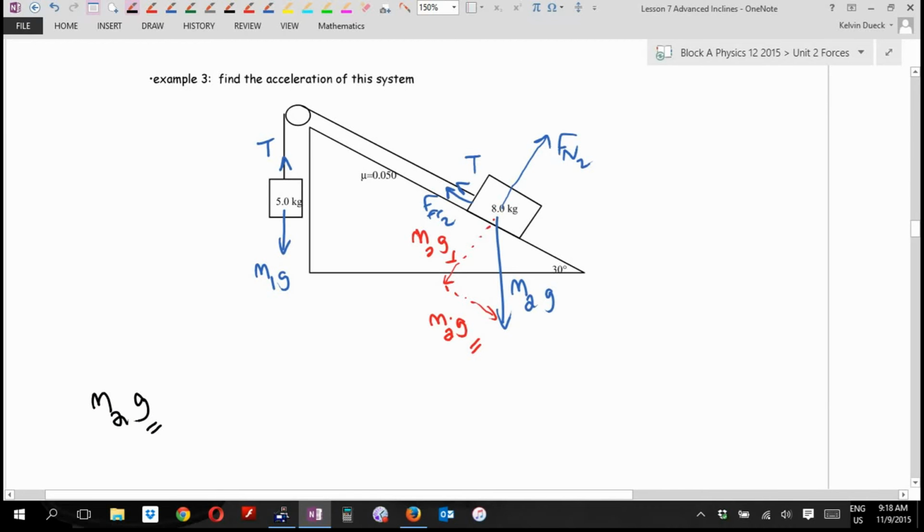It's okay. Minus friction force number 2, minus tension, and then plus tension, because when that hanging tension comes over, it ends up pointing down the ramp. Minus M1G, and that's going to be M1 plus M2 times A.